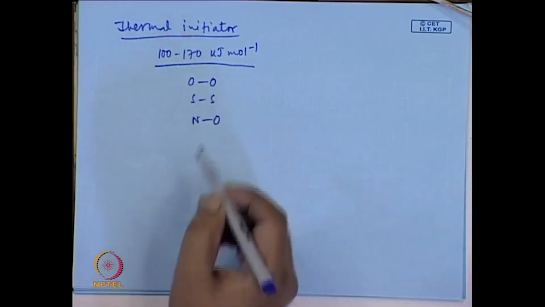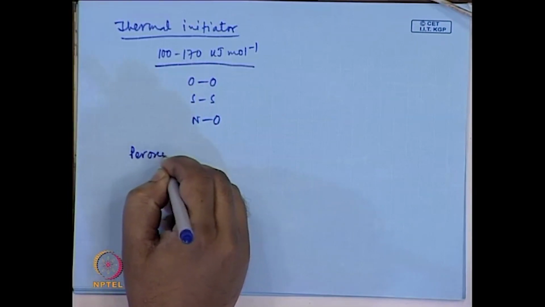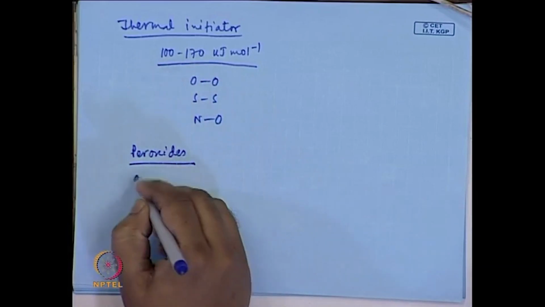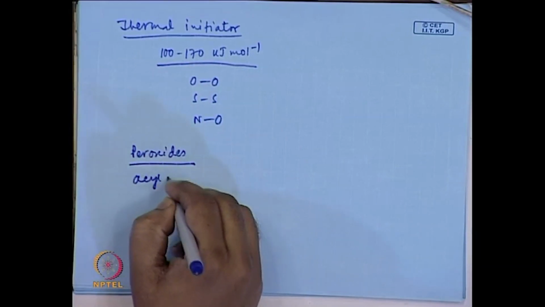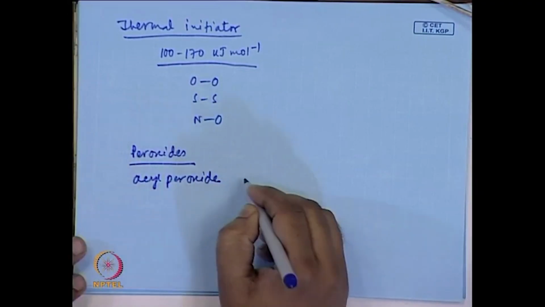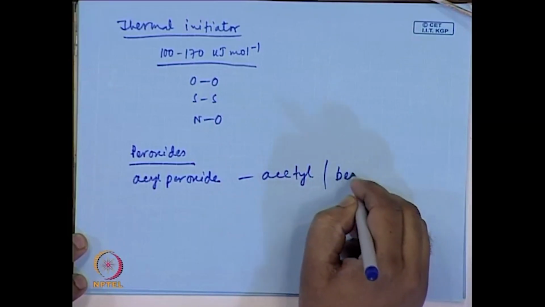For example, if we consider these peroxides, they could be acyl peroxide, acetyl or benzoyl.